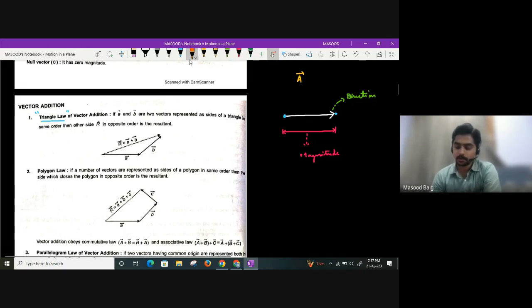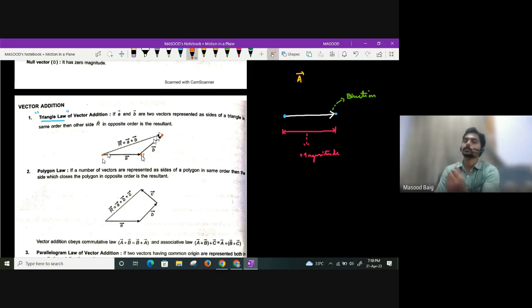So what does the triangle law state? Two vectors are given, a bar and b bar. If two vectors are represented by two sides of a triangle taken in the same sense, you see a bar is taken from tail to head, b bar also tail to head, then the resultant will be represented by the closing side taken in the opposite sense. a bar tail to head, b bar also tail to head, but r bar is taken from head to tail, guys.